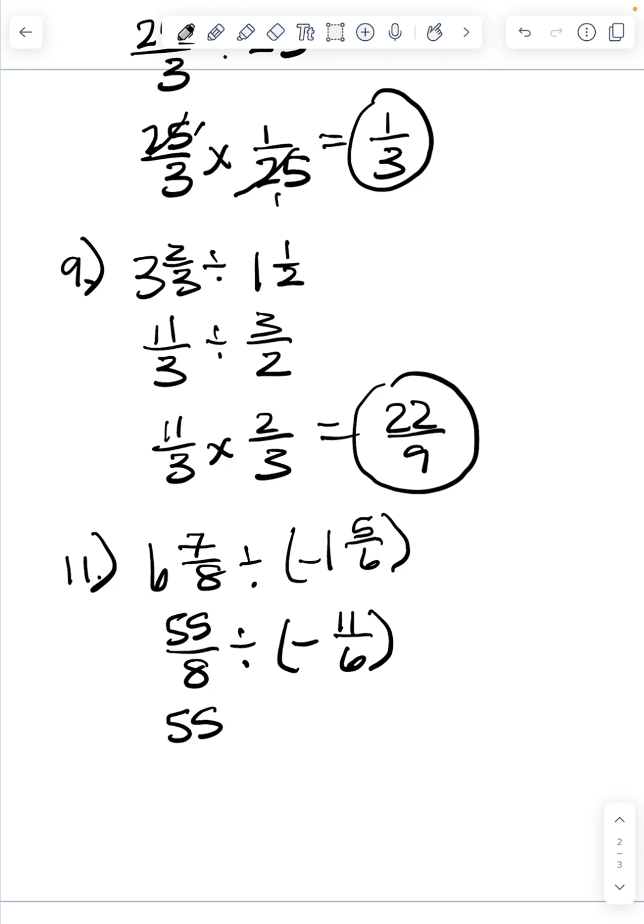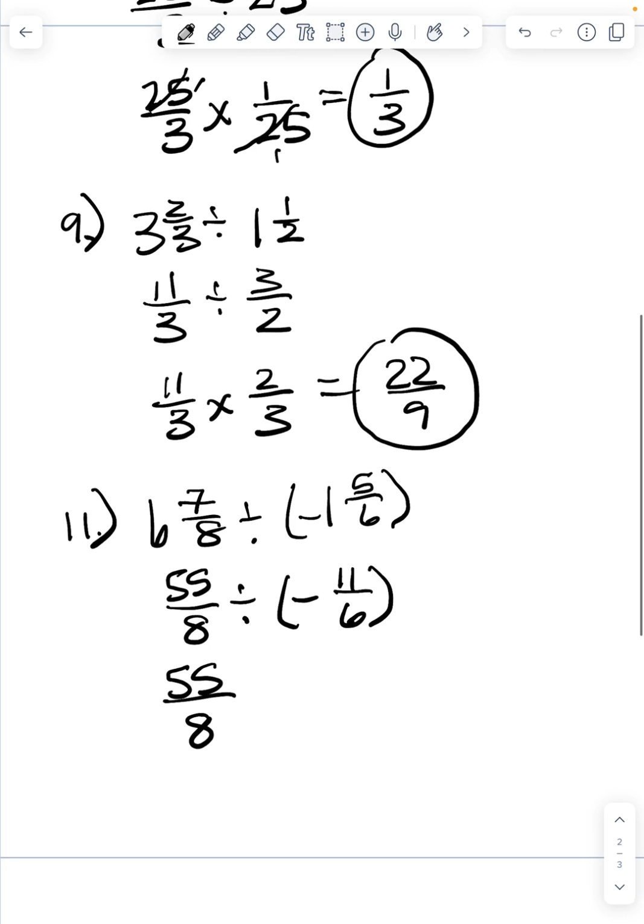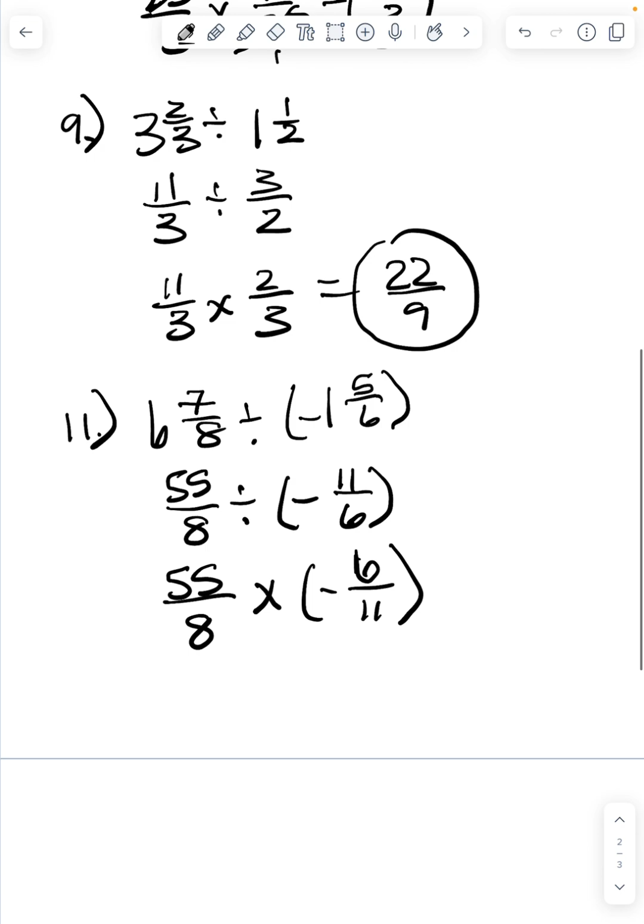Now we're going to say, all right, keep the original first fraction, but multiply by the reciprocal. Oh, that's not the reciprocal. Multiply by the reciprocal, which would be 6/11.